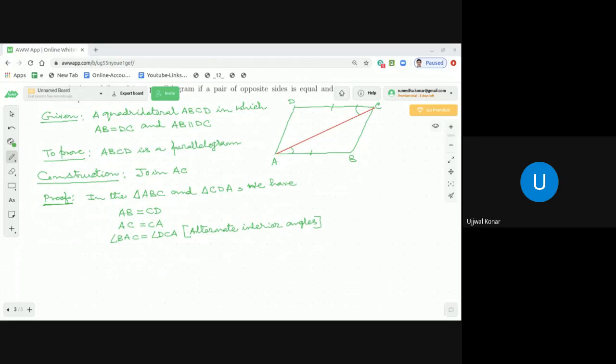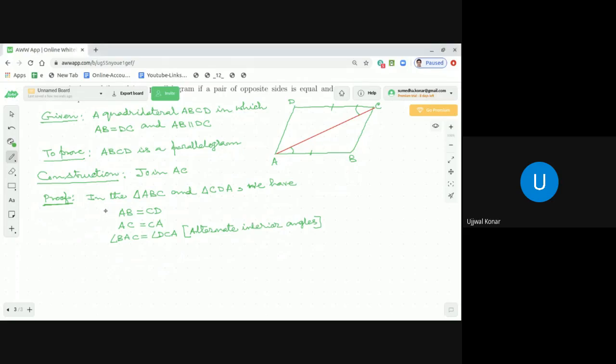The moment we get these three pieces of information, that is AB is equal to CD, AC is equal to CA, and angle BAC is equal to angle DCA, what can we say? We can say the two triangles ABC and CDA are congruent to each other by means of SAS congruence. Correct?